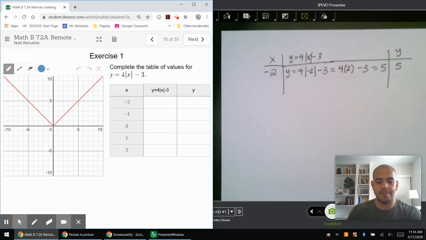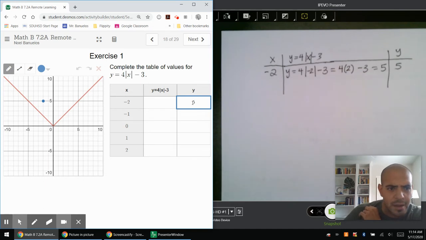That is 5. So I'm going to type that in here. Hopefully, you'll see the point pop up. Ooh, I messed up here. What did I do wrong? 4 times 2. Looks like I did everything right. -2 comma 5.